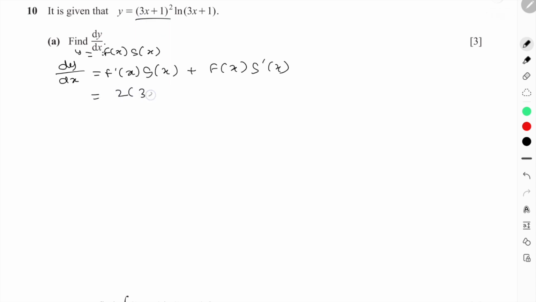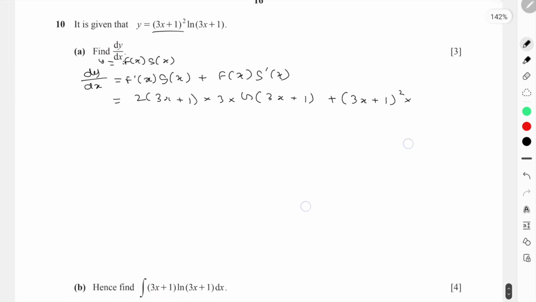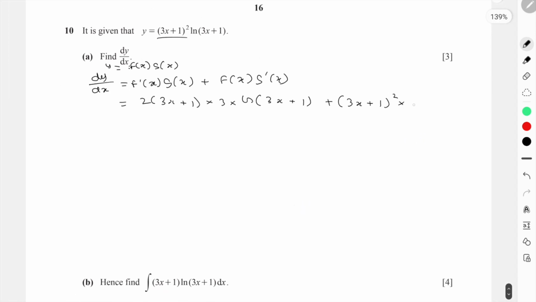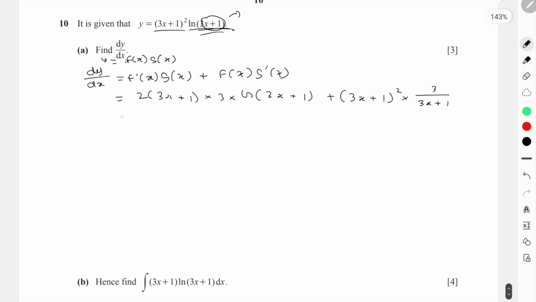We get 2 into 3x plus 1 into 3, and then this is just going to be ln 3x plus 1. And then f of x is 3x plus 1 whole squared into 3 divided by 3x plus 1. Because the differentiation of this is going to be the differentiation of the inner divided by the inner thing. So yeah, that's how you do it.